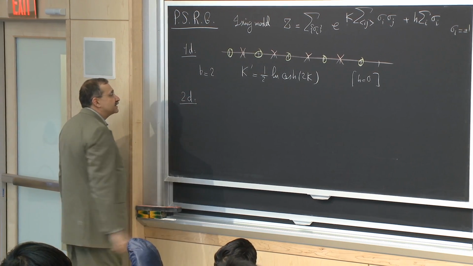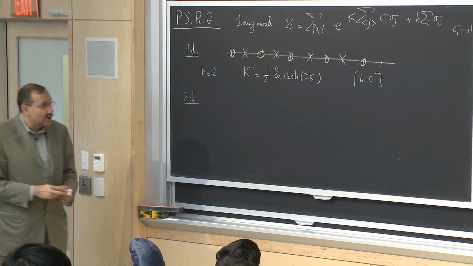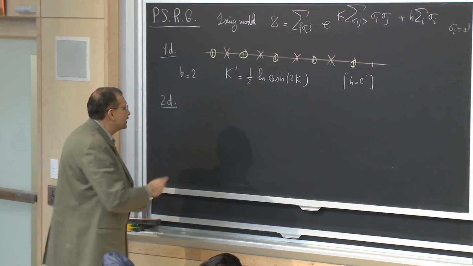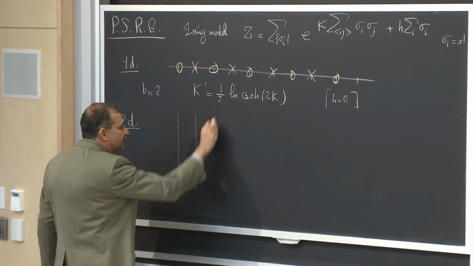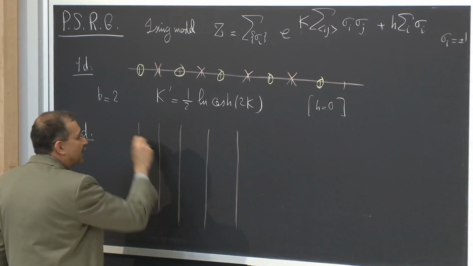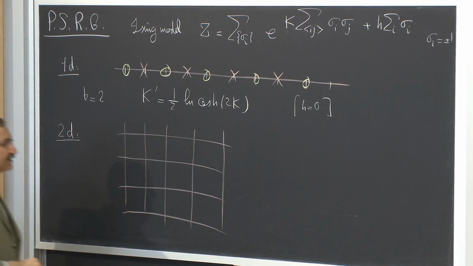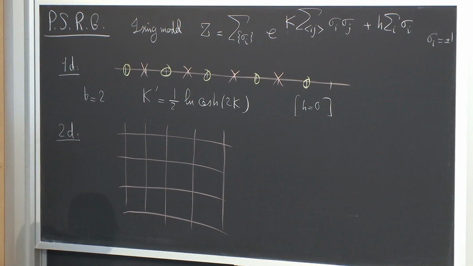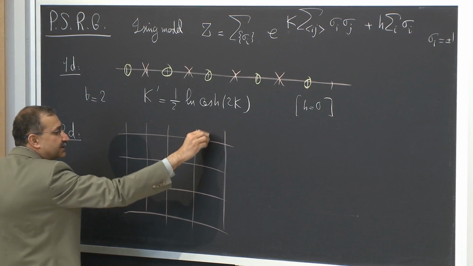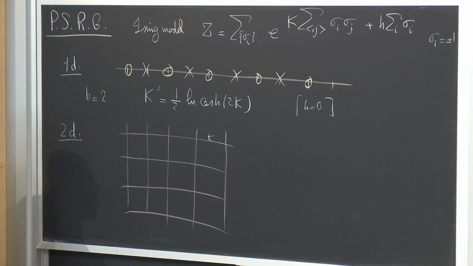Now, the next step would be to look at something that is two-dimensional. And in this context, I described how it would be ideal if we start with a square lattice. We have interactions k between neighbors.